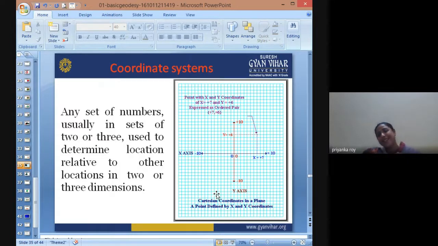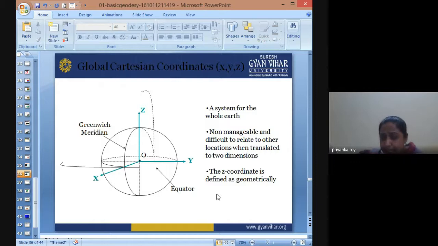So what is a coordinate system? It is basically the grid, with various axes, the x-axis, the y-axis. Any set of numbers set on two or three dimensions, used to determine a location relative to other locations, needs the assistance of a grid system.